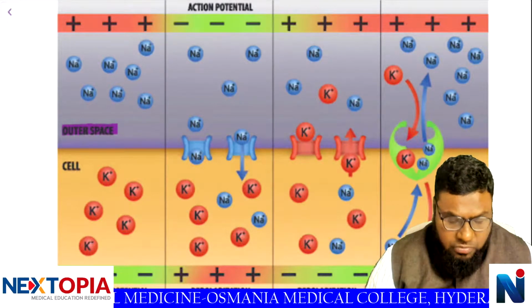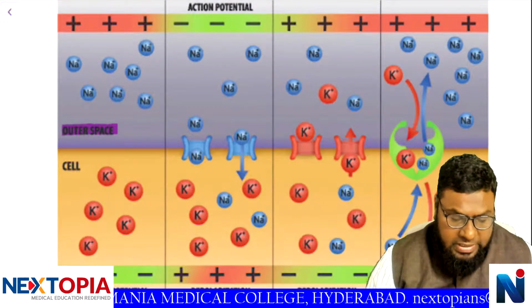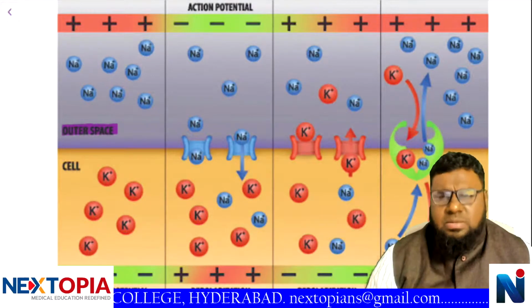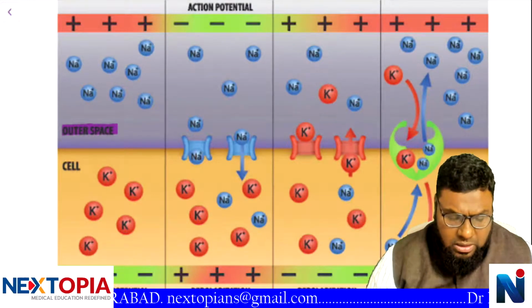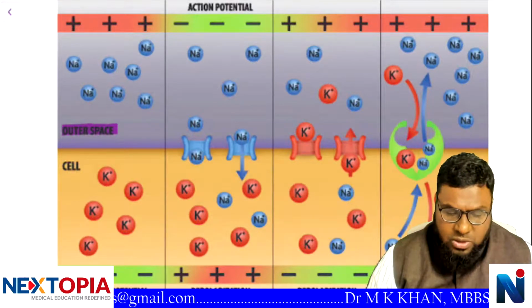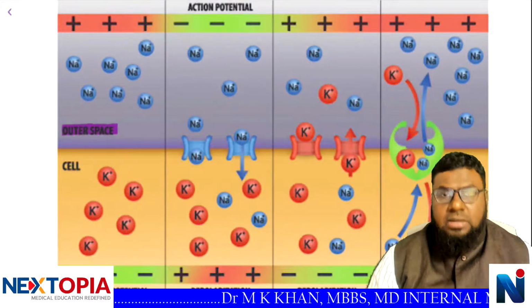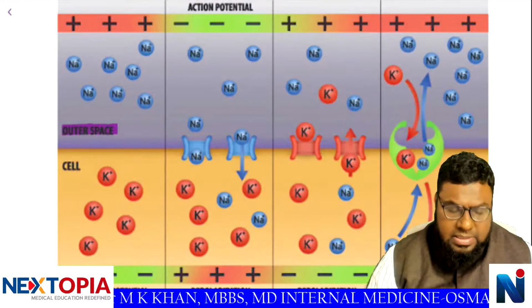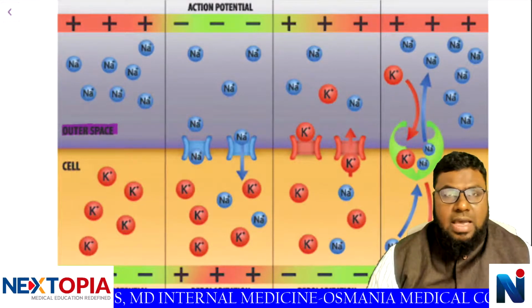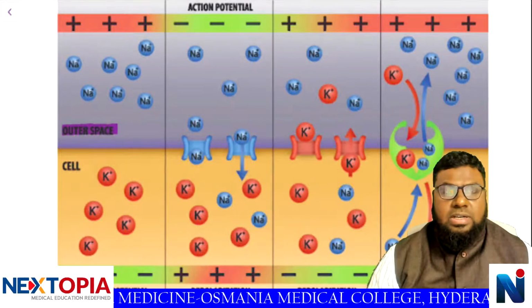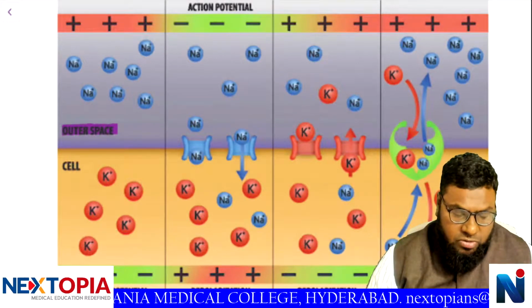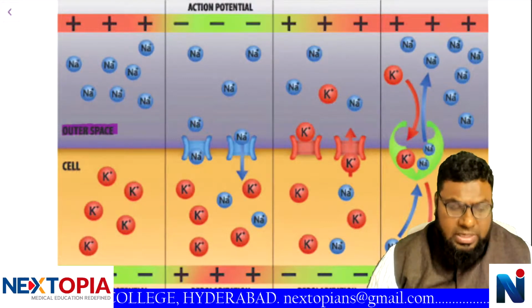Inside the cell we have a lot of potassium ions, and outside the cell we have sodium ions. I'm just giving you an example. Potassium is the chief ion in high concentration inside the cell, and outside the cell sodium is in high concentration.